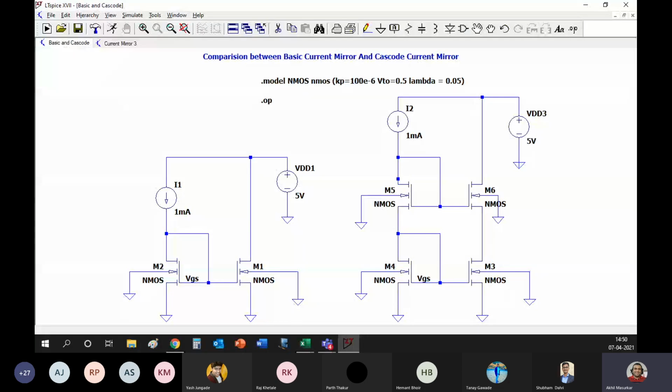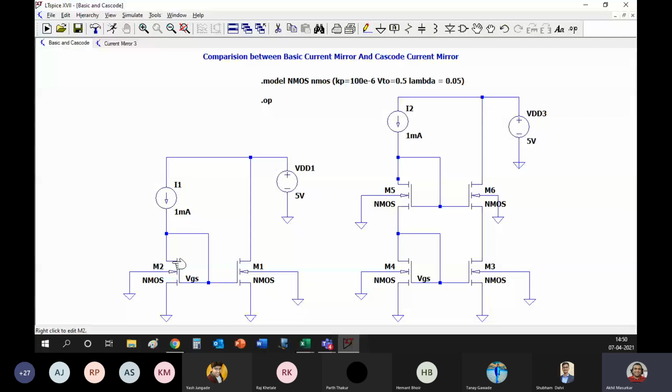So I am right clicking on this transistor.